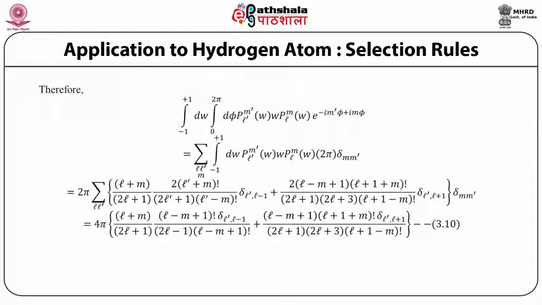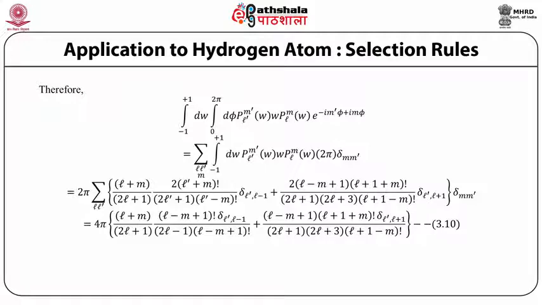Therefore, the integral over dw from -1 to +1 and 0 to 2π dφ of P_l'^m'(w) P_l^m times exponential of (-m'φ + imφ) gives us the summation over l and l' of the integral over dw of P_l'^m'(w) P_l^m times 2π delta of m', which becomes 2π into two terms, one involving delta l', l-1 and the other involving delta l', l+1.